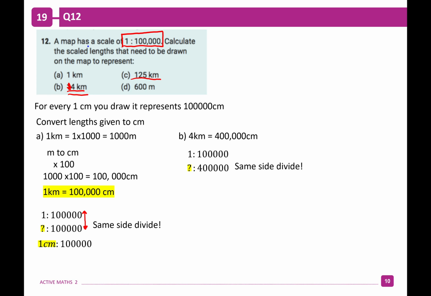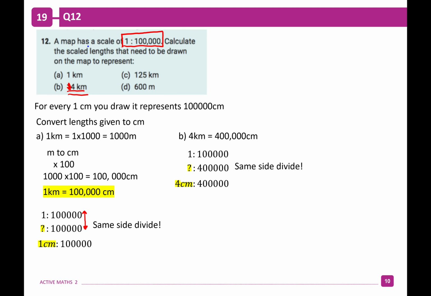When your values are on the same side, we divide to find our unknown. Same side divide. 400,000 divided by 100,000 gives me 4 centimeters. This means the scaled length that needs to be drawn on the map to represent 4 kilometers is 4 centimeters.